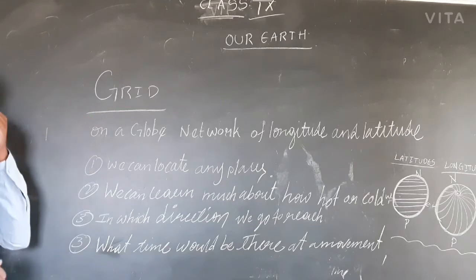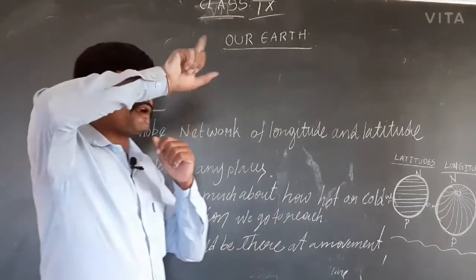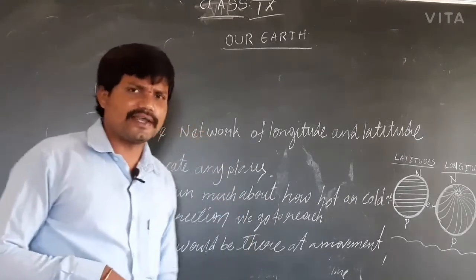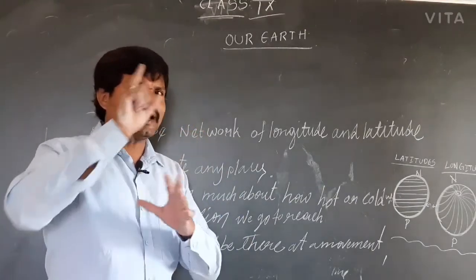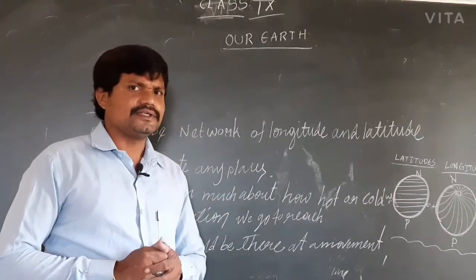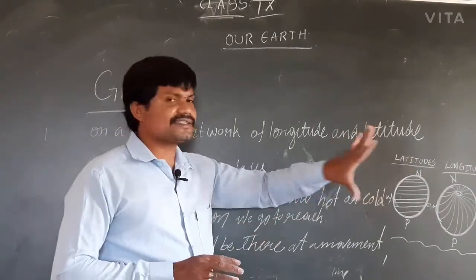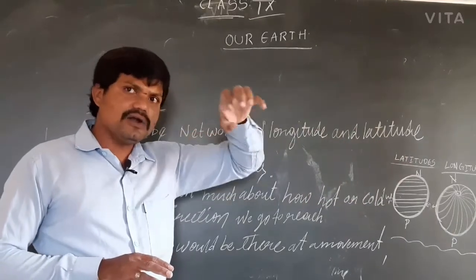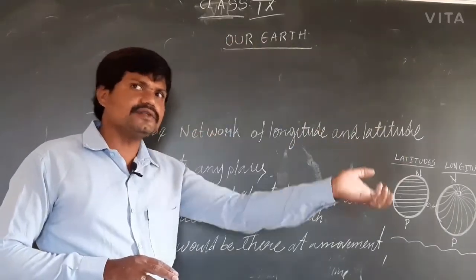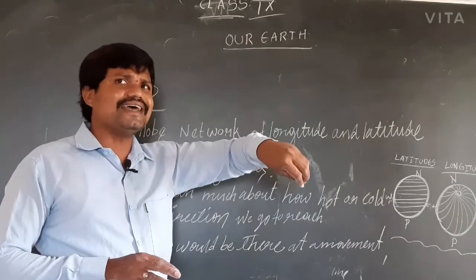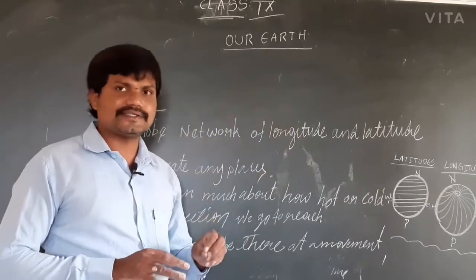You observe one thing, on the globe different lines are drawn. These lines are latitudes and longitudes, so we call them grid lines.